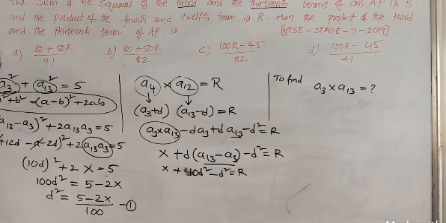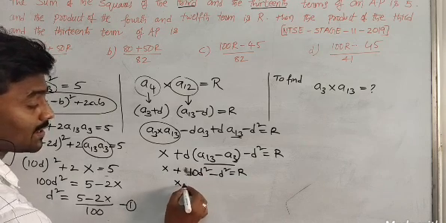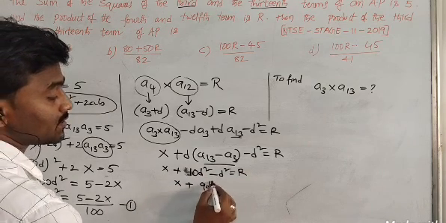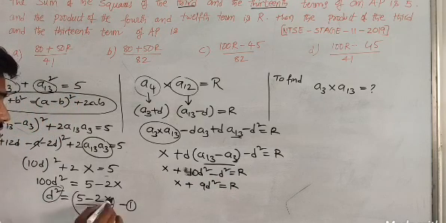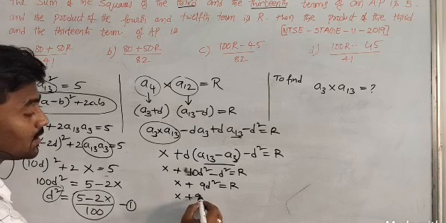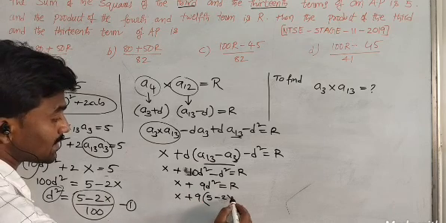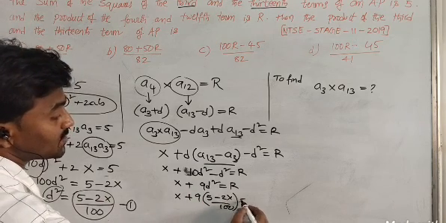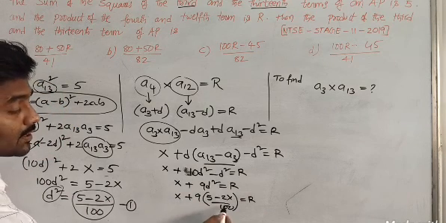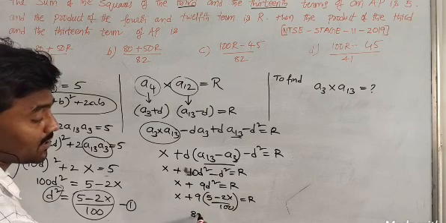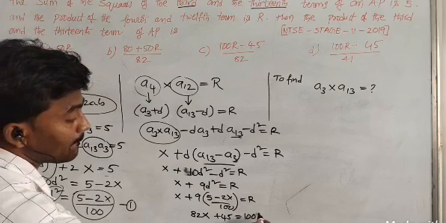Now 10D square minus D square is 9D square. So x plus 9D square is equal to R. The D square value you already know, so substitute it. x plus 9 into D square value, 5 minus 2x by 100, is equal to R. If you take the LCM, you will get 100x minus 18x, so 82x plus 45 is equal to 100R.